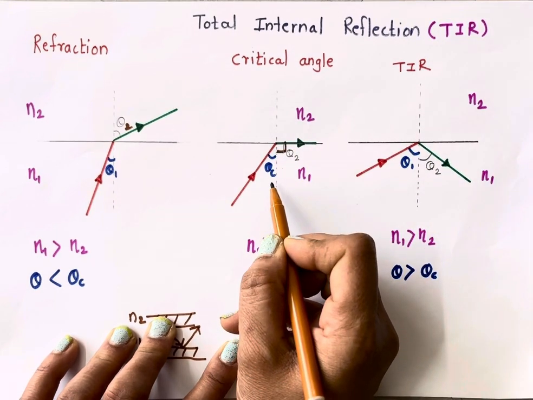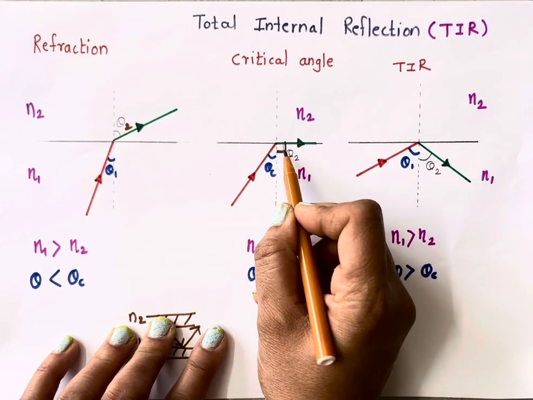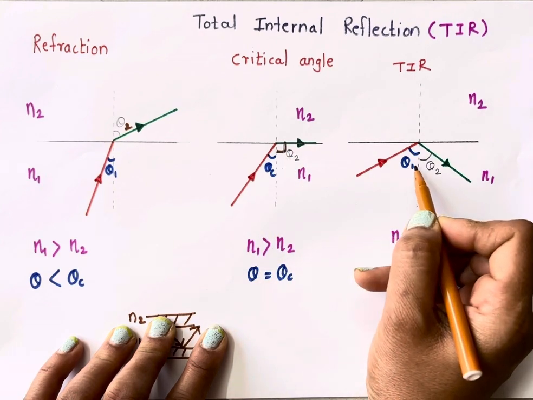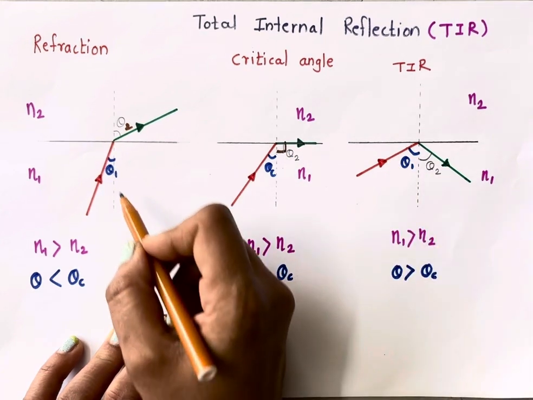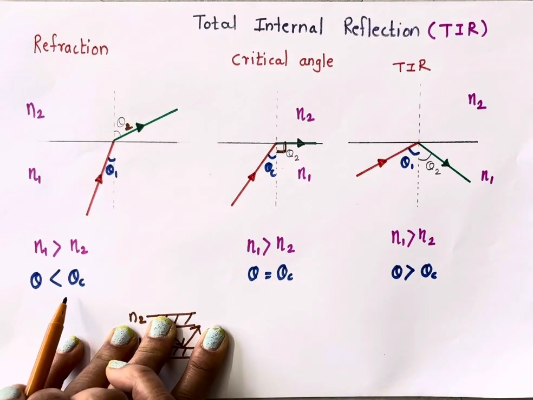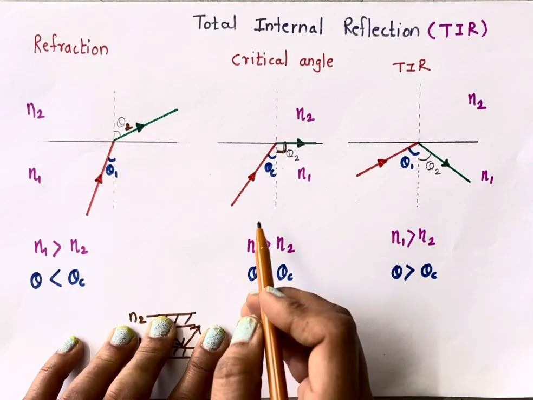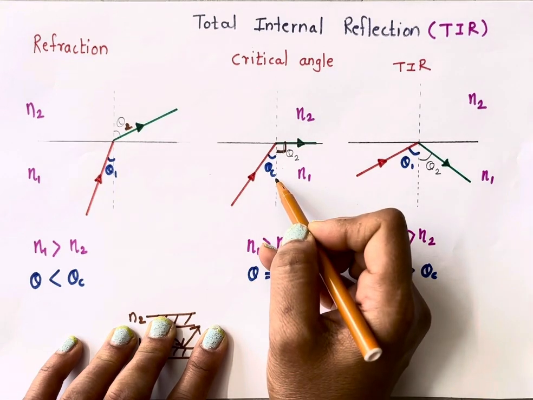Critical angle of incidence is when light ray makes 90 degrees angle with the vertical axis. When we increase our incidence angle further, here you can see this is less than critical angle. Angle of incidence is less than critical angle. Here it is same as critical angle.